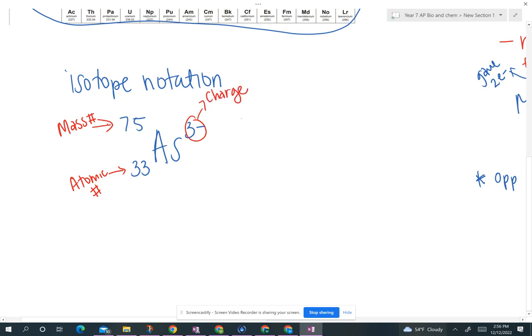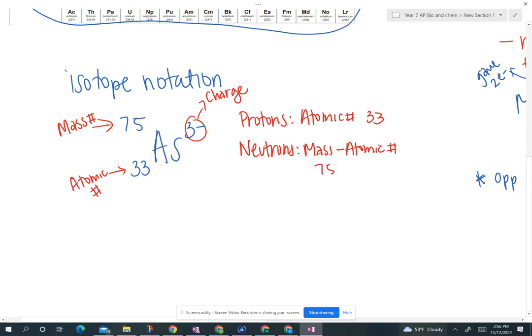To figure out my number of protons, it's just my atomic number, and that is going to be 33 in this case. Neutrons, we're going to go mass number minus atomic number. So I'm going to go 75 minus 33, and if I do that, 42.